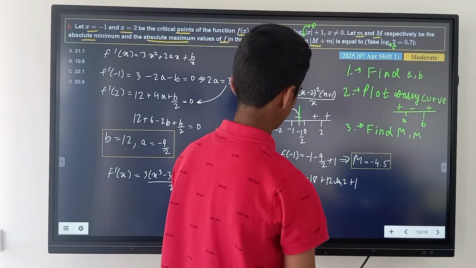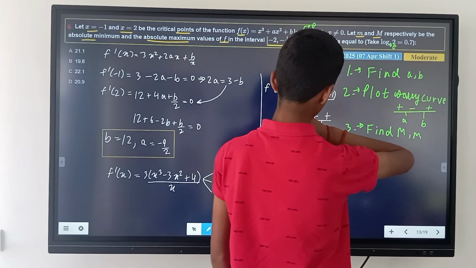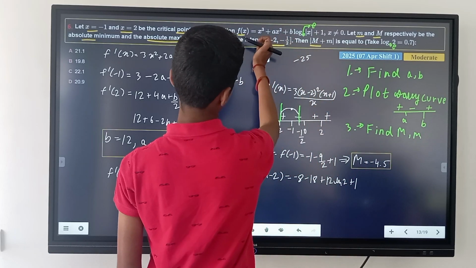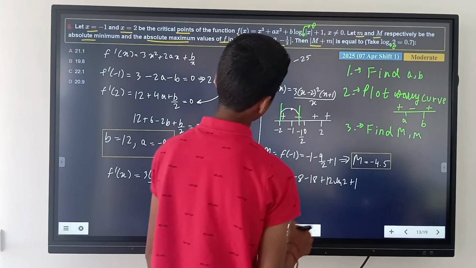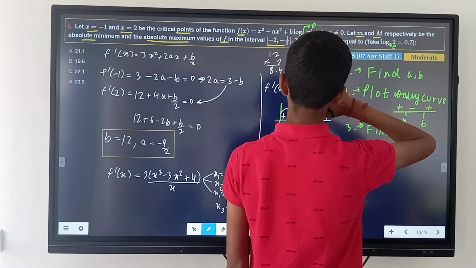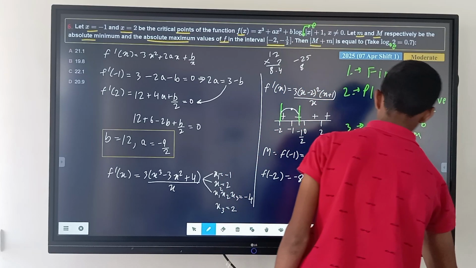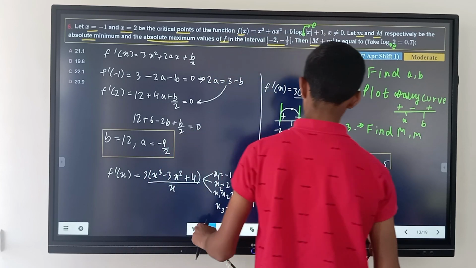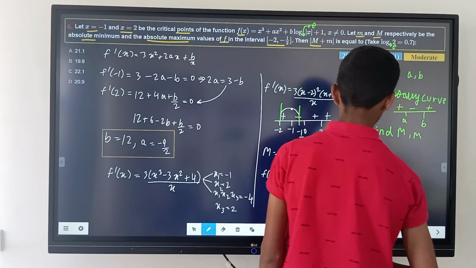From there we will get minus 25, and ln 2 is 0.7, so 12 into 0.7 is 8.4. Minus 25 plus 8 is minus 17, minus 17 plus 0.4 will be minus 16.6, with a minus sign.